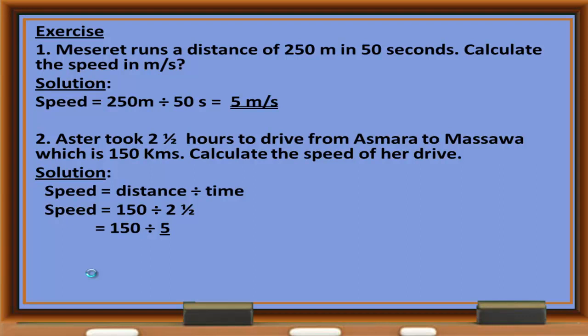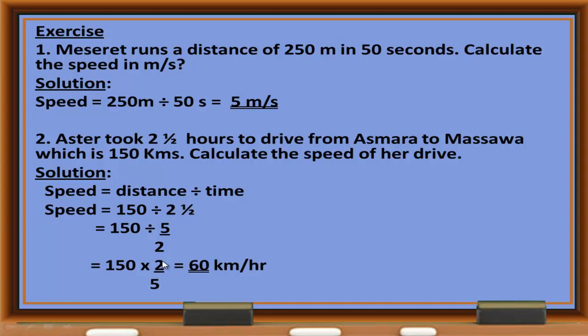150 divided by 5 over 2, that is 2.5. It means 2.5 is 2 times 2 is 4, 4 plus 1 is 5 over 2. Then 150 times 2 over 5.